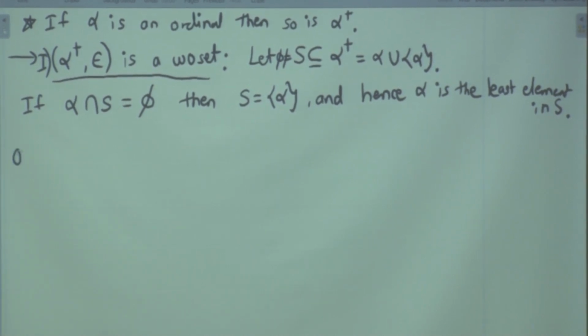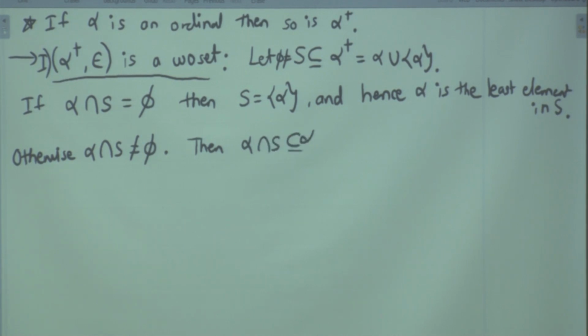On the other hand, otherwise alpha intersection S is non-empty. In that case, what will happen? Alpha intersection S is a subset of alpha, and alpha is well ordered. So therefore the minimum of alpha intersection S, the least element, will exist.